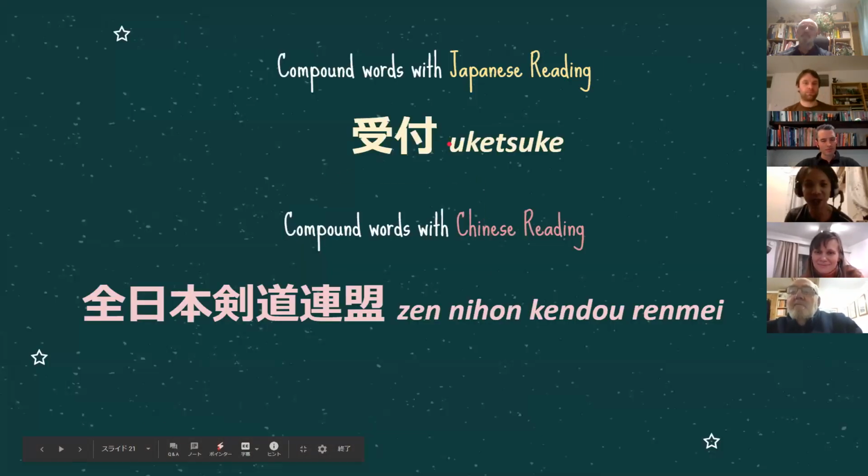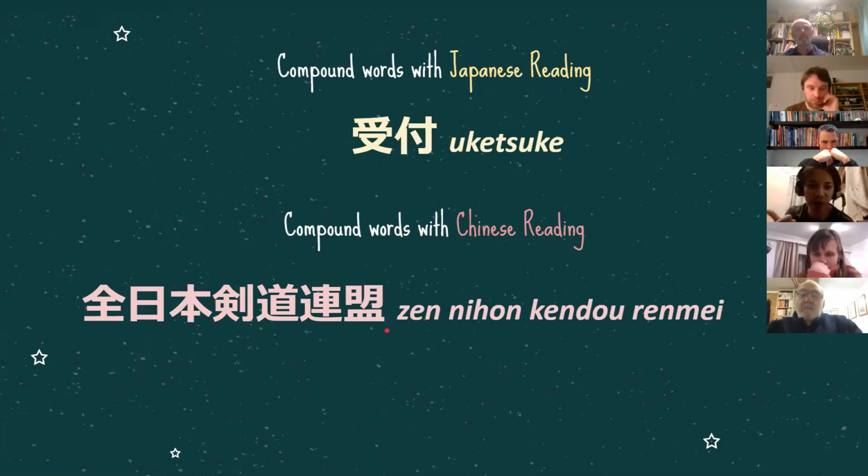So first are the compound words with Japanese reading, like uketsuke, reception, which is a pure Japanese reading. And there are compound words with Chinese reading, like Zen Nihon Kendo Renmei. You all know this word already, All Japan Kendo Federation. It's a compound word of compound words: Nihon, Kendo, Renmei are all compound words.